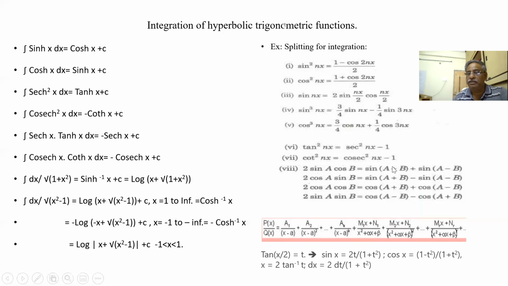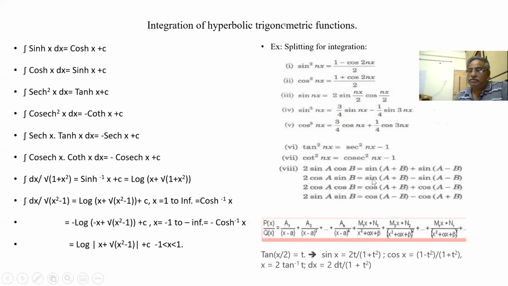So you know sin a plus sin b, sin a minus sin b, cos a plus cos b, cos a minus cos b. We know sin a cos b plus cos a sin b, cos a cos b minus sin a sin b. So sin a cos b is the first term. Sin a cos b is equal to half of sin of a plus b plus sin of a minus b.